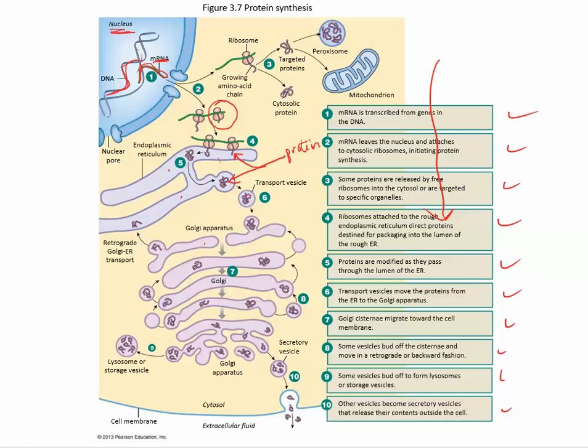And then if we follow this protein, it blebs off, that's a real word by the way, and then moves down to the Golgi where it's modified a little more, and then they're packaged into a secretory vesicle down here. So they move through this system, and then they're packaged into this little vesicle, and then those proteins are released.